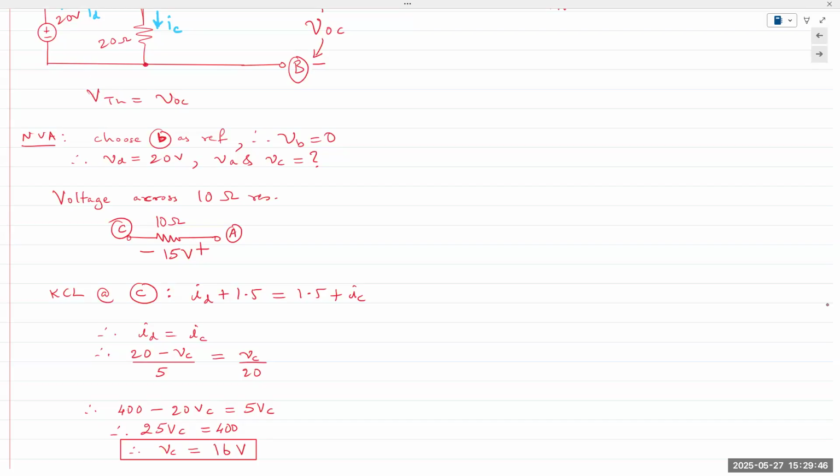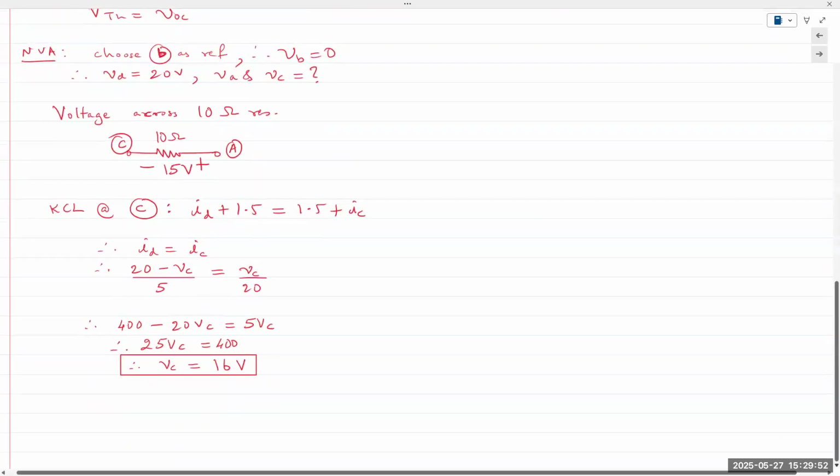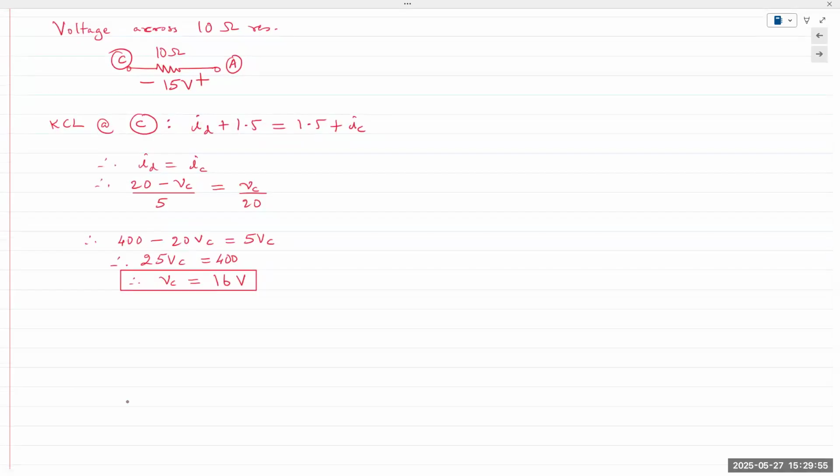Okay. All right. So VC is 16 volts. What does it mean for VA? We could still solve it by applying KCL, but we have no need to. Right? We applied KCL at A and we obtained 1.5 is equal to 1.5. VA is VAC plus VCB.